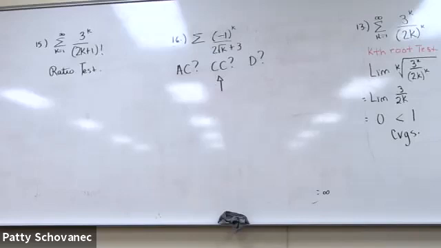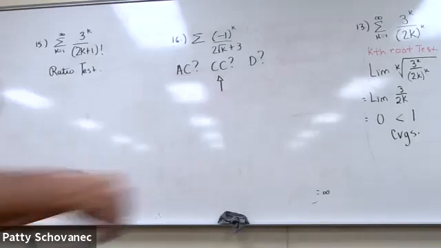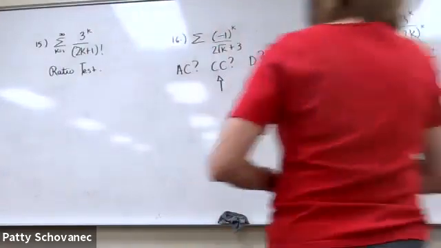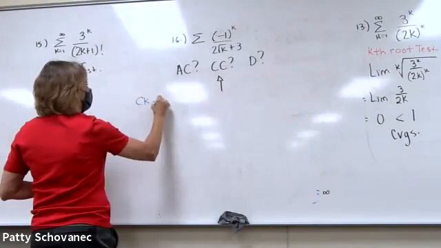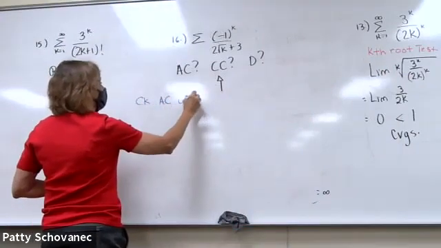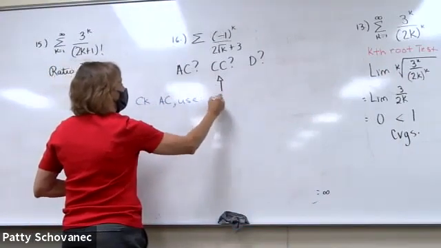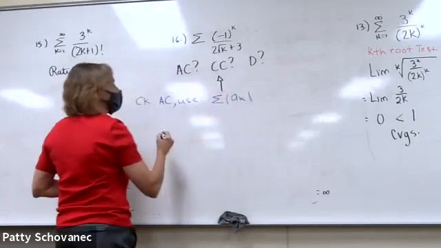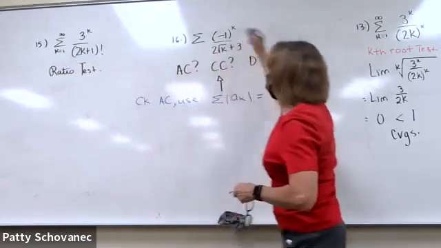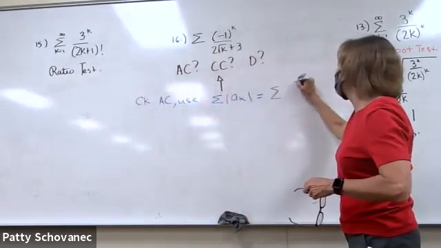So for the sake of time, let me do the 16. I would want you to check this. So first you check for absolute convergence using just the absolute value of the series. If I take the absolute value of the series, I just lose the negative part.